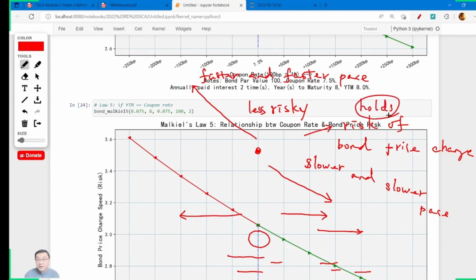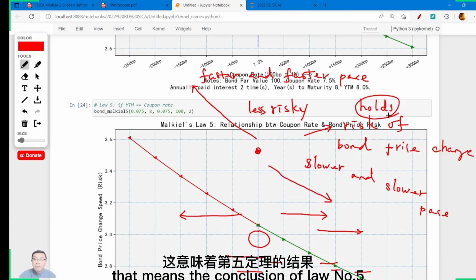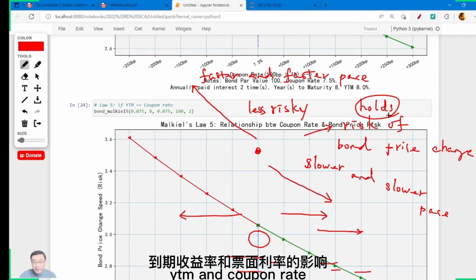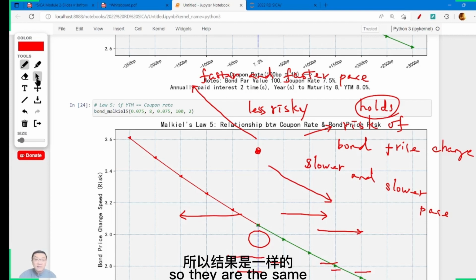That means the conclusion of law number 5 is not affected by the relationship of YTM and coupon rate. So they are the same.